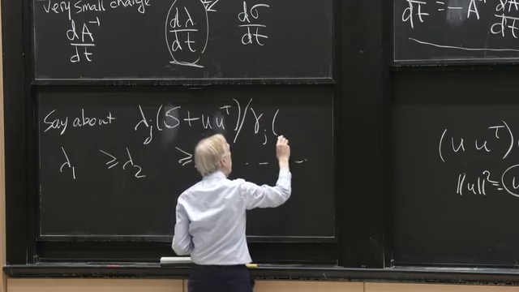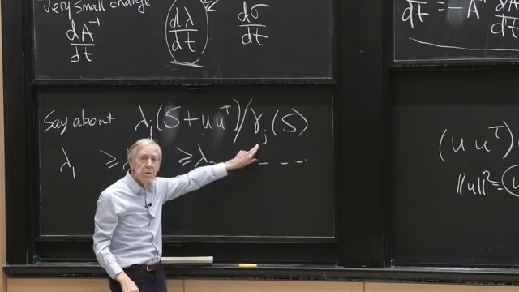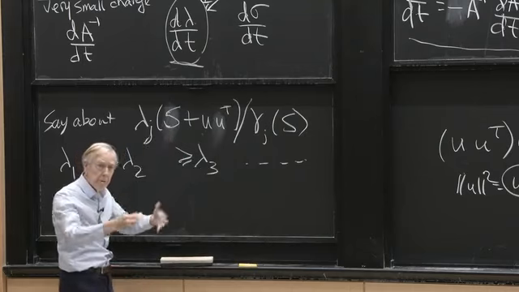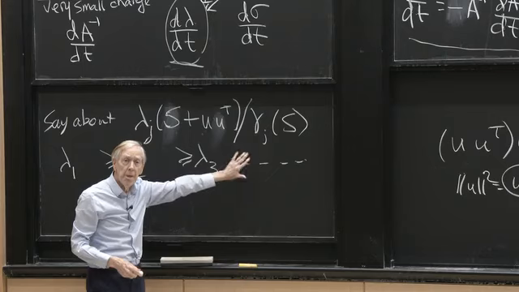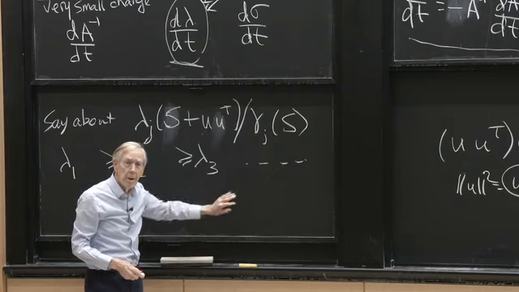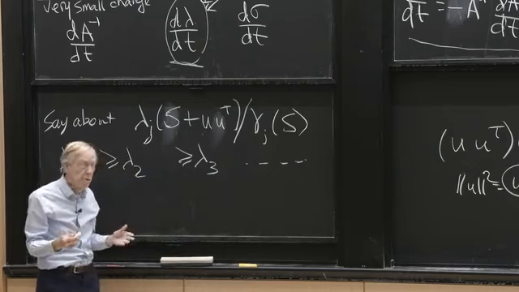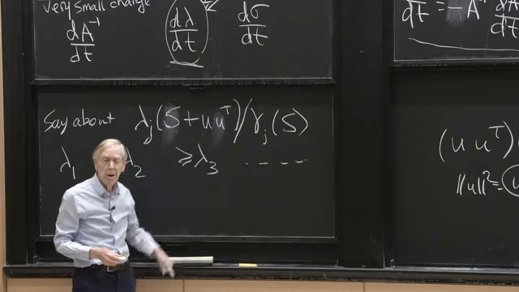Gamma j of the original. Okay, so those are the eigenvalues of the original. These are the eigenvalues of the modified, and we're expecting the lambdas to be bigger than the gammas. So it's just a qualitative statement, and it's true. Each lambda, by adding this stuff, is bigger than the gamma.